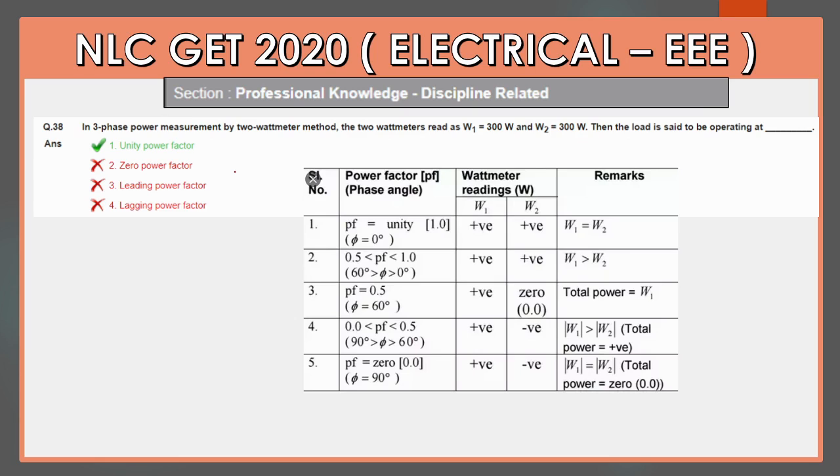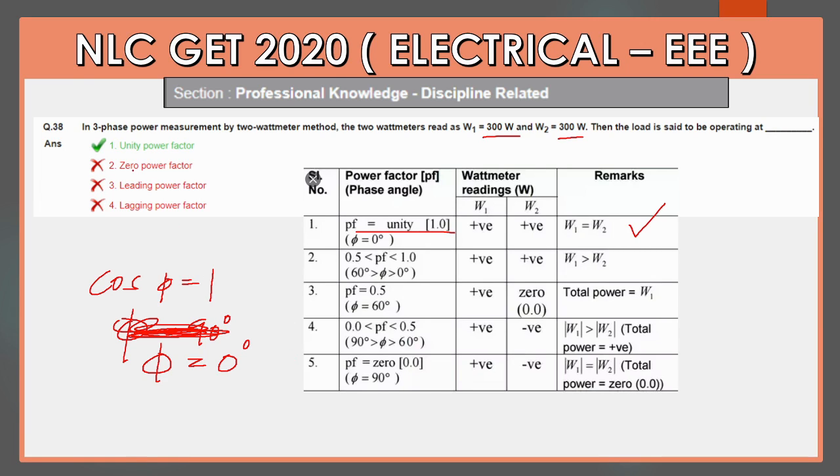Next question, it is saying in 3-phase power measurement by the 2 wattmeter method, the 2 wattmeter readings are equal, 300 watt and 300 watt. So the power factor should be dash. As we know, if W1 equal to W2, the power factor should be unity, cos phi equal to 1.